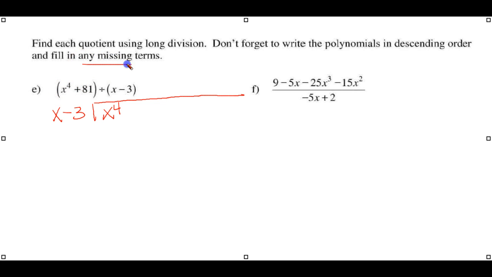So it's telling us we have to put in there missing place values. The way we do that, we go plus 0 x to the third plus 0 x to the second plus 0x, and then we can put in our 81.